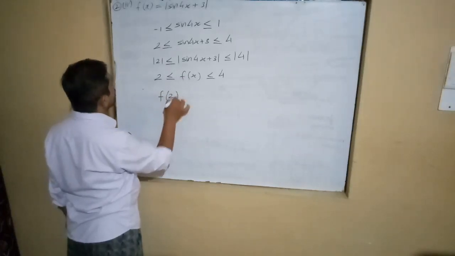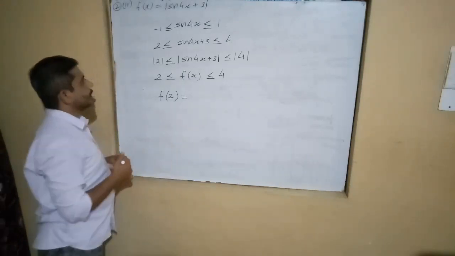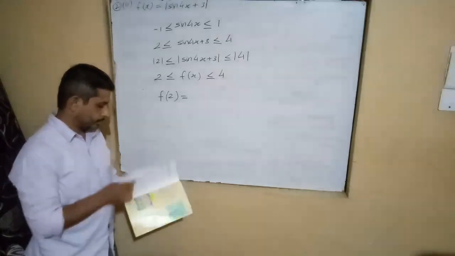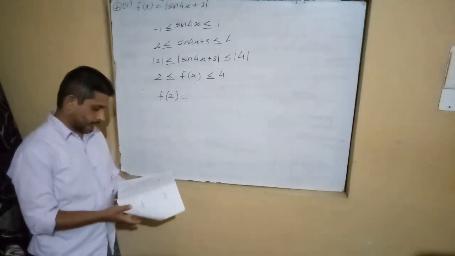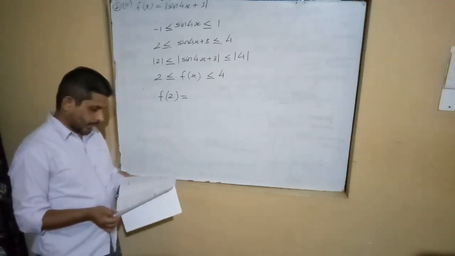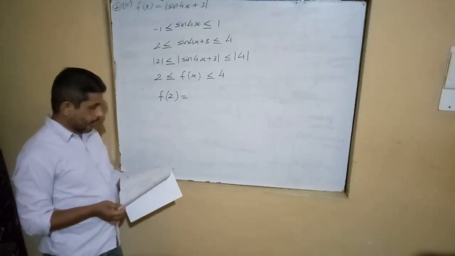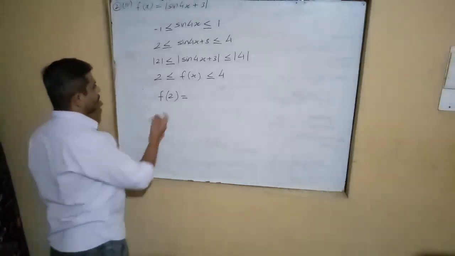So we find here, therefore, f(x) is equal to sin 4x plus 3. Just a minute, let me look at the answer first. Question number 4: 2 and 4 are the minimum and maximum values.